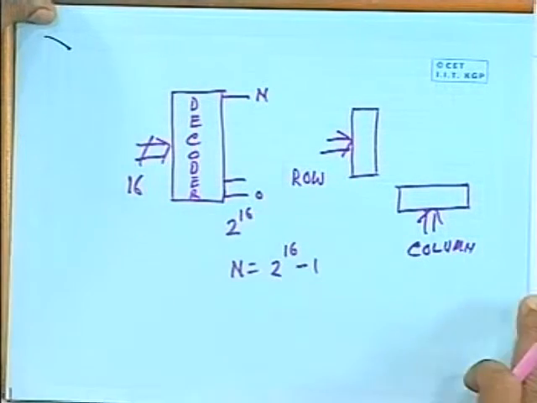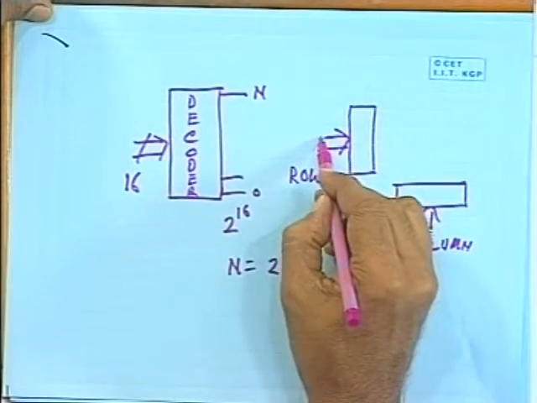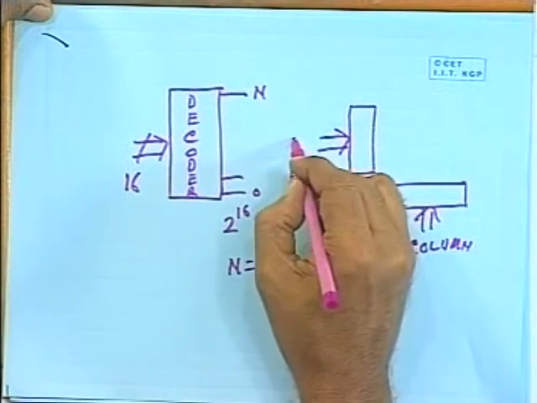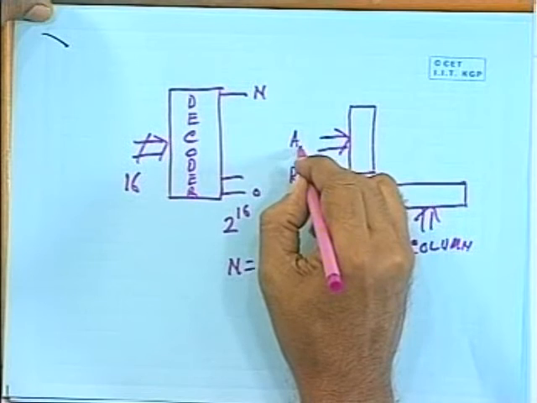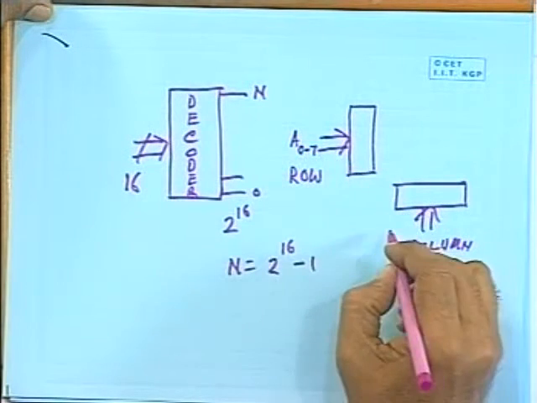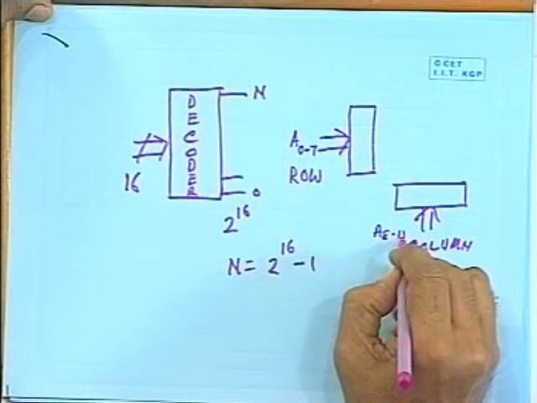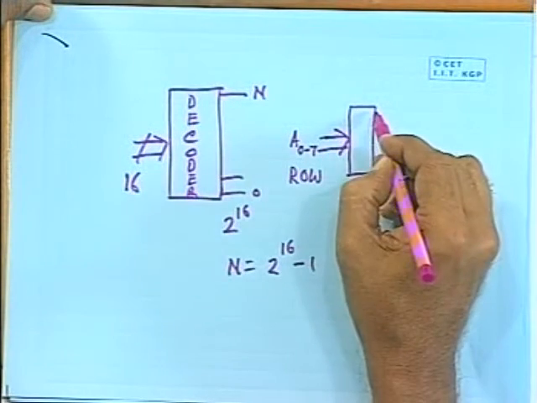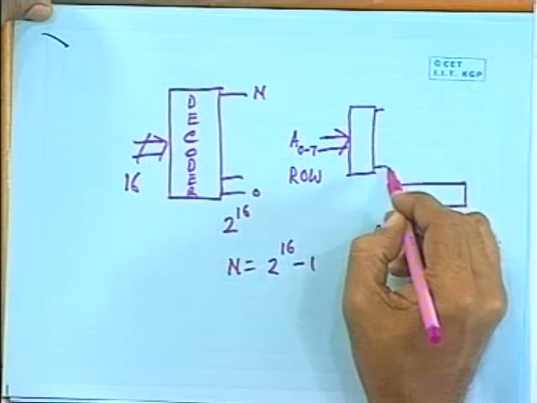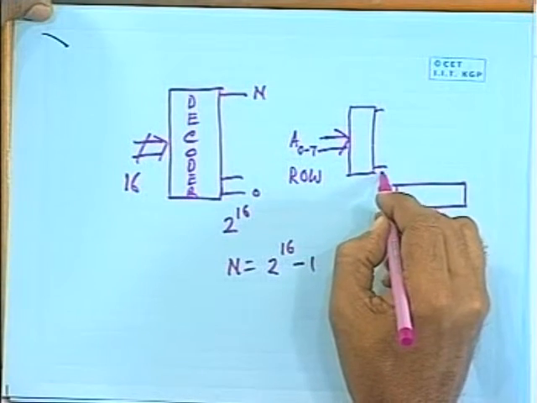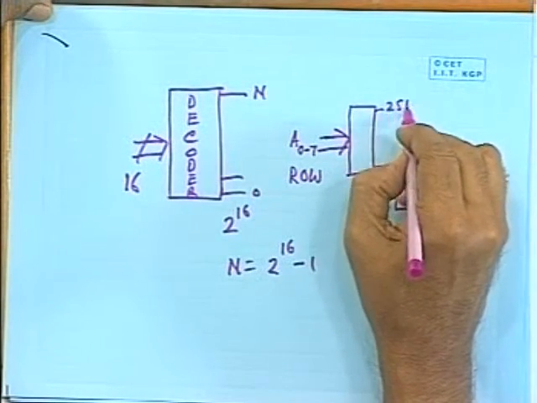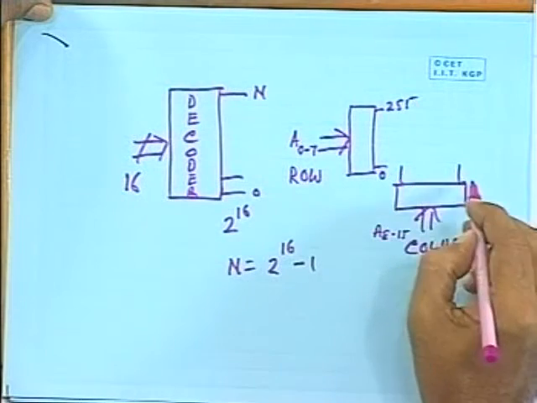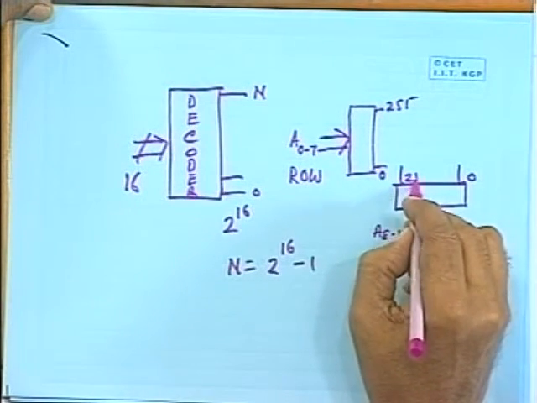Then 16 address lines are divided into 8 and 8. So let's assume here we use A0 to A7 and here A8 to A15. So this is the row address, this is the column address. Then how many lines will be here? 2 to the power 8, 0 to 255, and here also you will require 0 to 255.